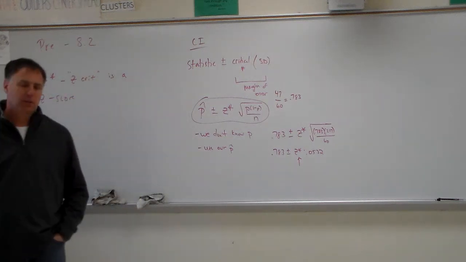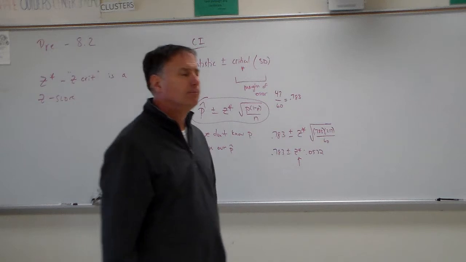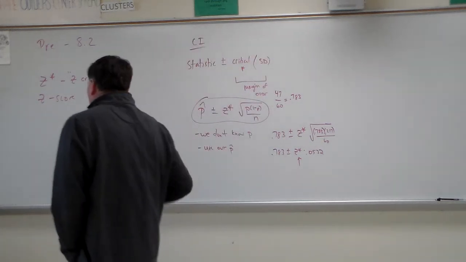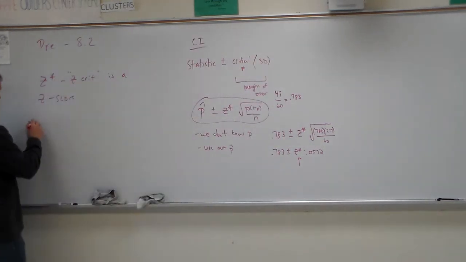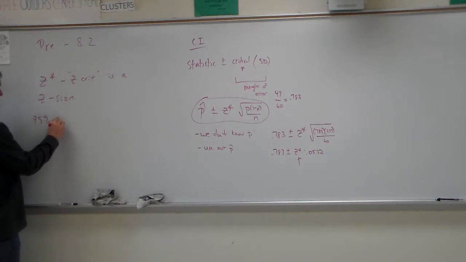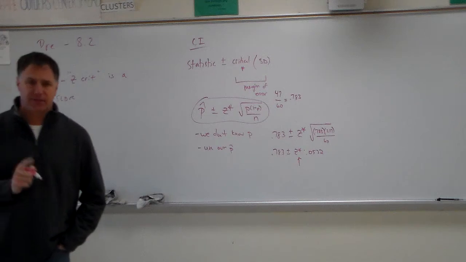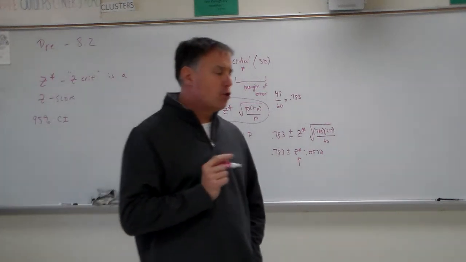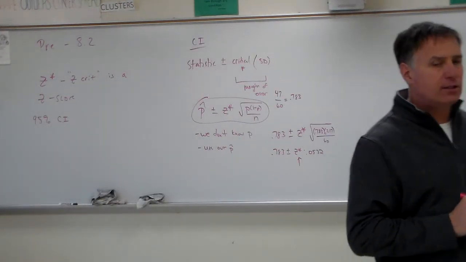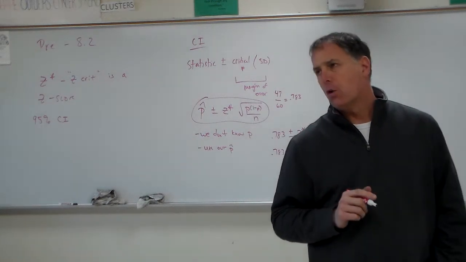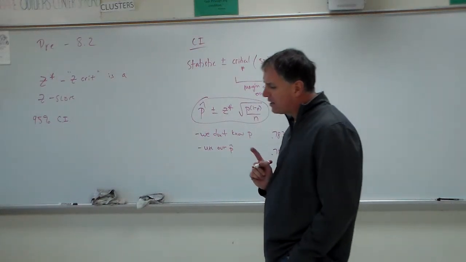Now, we're going to concentrate right now on doing a 95% confidence interval. You might think that we're going to use 0.95 or we're going to use 0.05 in our calculations.